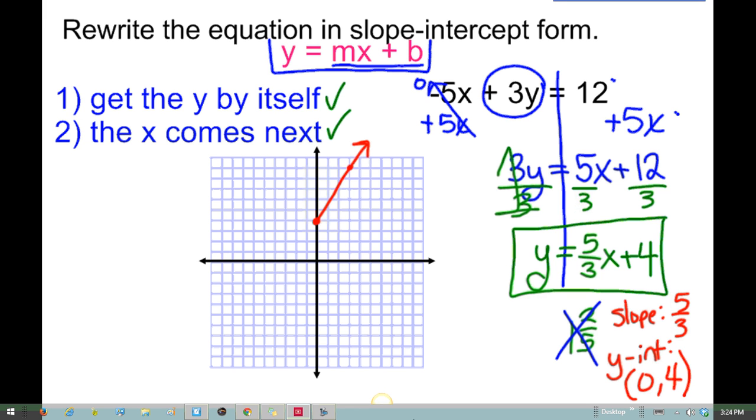To find the other half of the line, I'm going to do the opposite. I'm going to go down 5, left 3. Down 5, left 3. And I'm going to connect those points, putting an arrowhead at both ends, showing that my graph goes on forever in both directions.